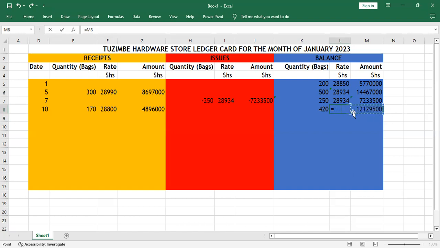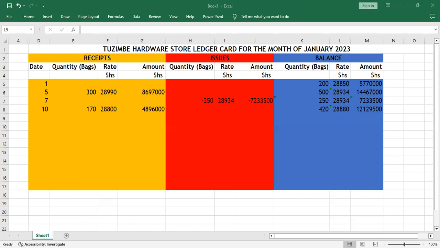So it is this divided by the 420 units, giving us a weighted average price of 28,880. The next transaction, of course, is an issue on 17th.